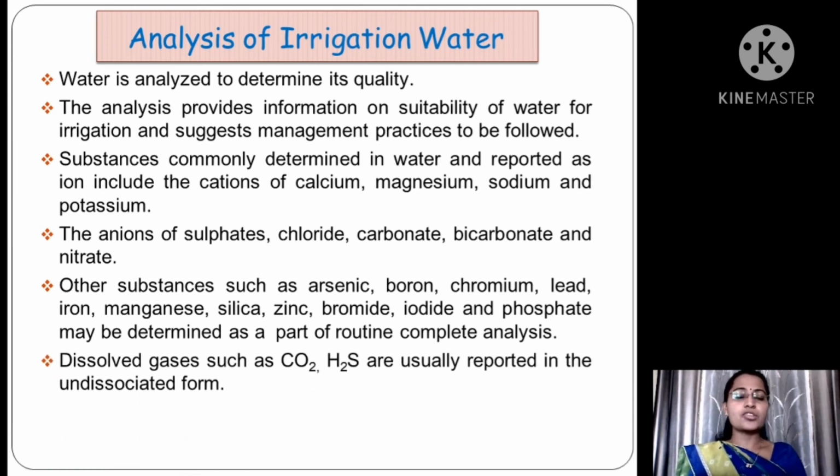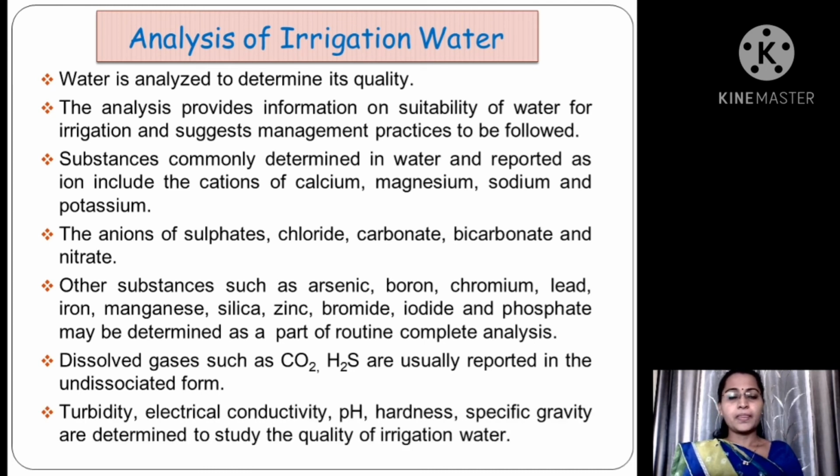Dissolved gases such as carbon dioxide and H2S are usually reported in the undissociated form. Along with that, turbidity, electrical conductivity, pH, hardness and specific gravity are determined to study the quality of irrigation water.